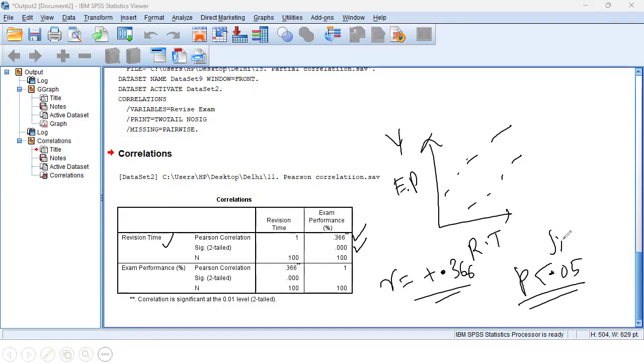So it is significant also. So there is a low degree positive correlation between the revision time and exam performance.